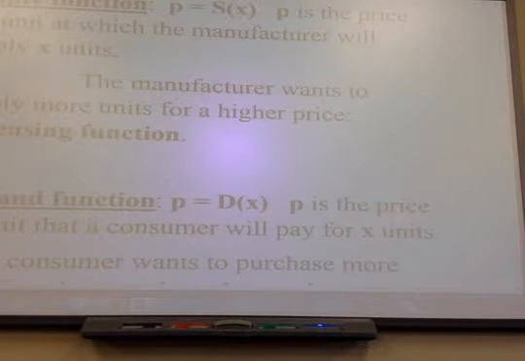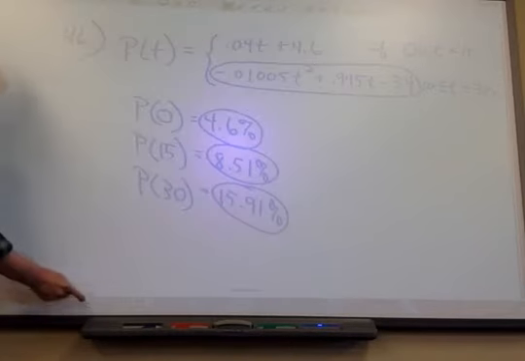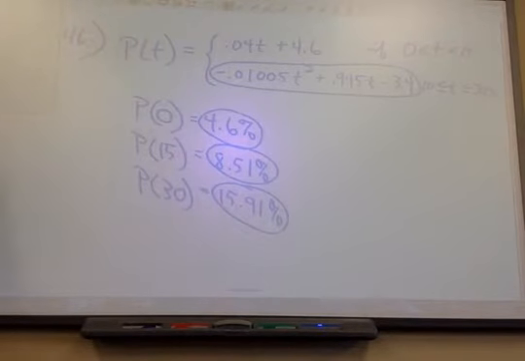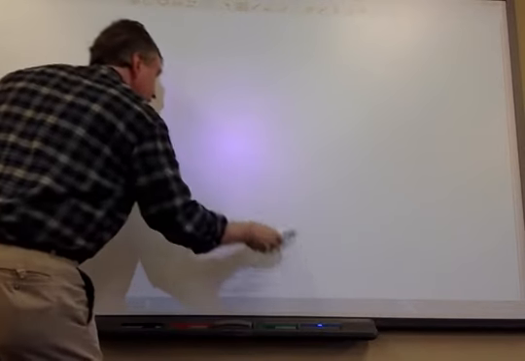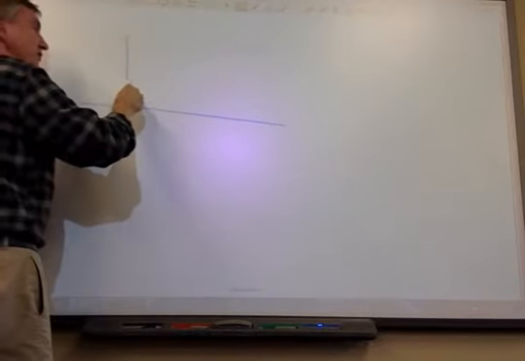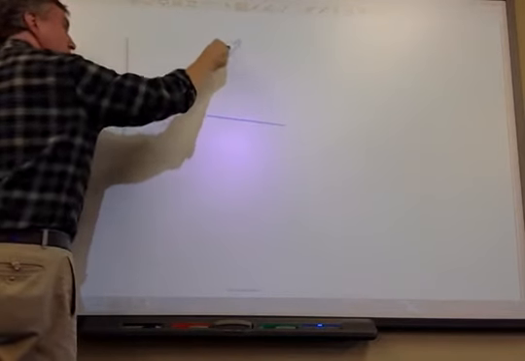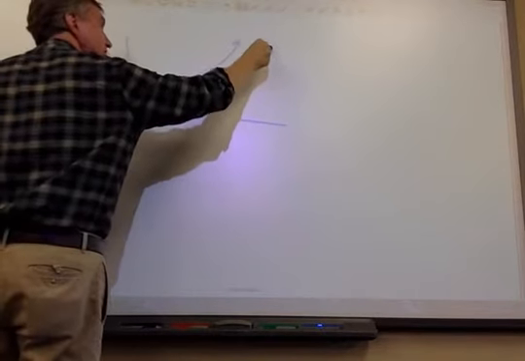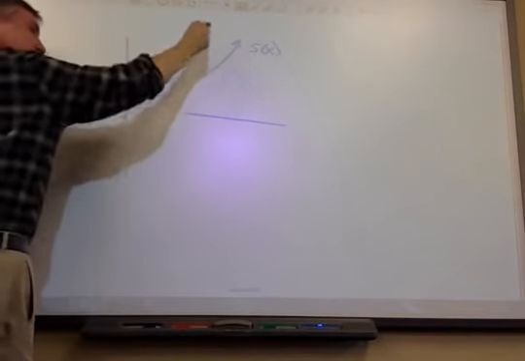The manufacturer wants to supply more units for a higher price, so it's an increasing function. So you might see the supply function look something like this, S of x, an increasing function.